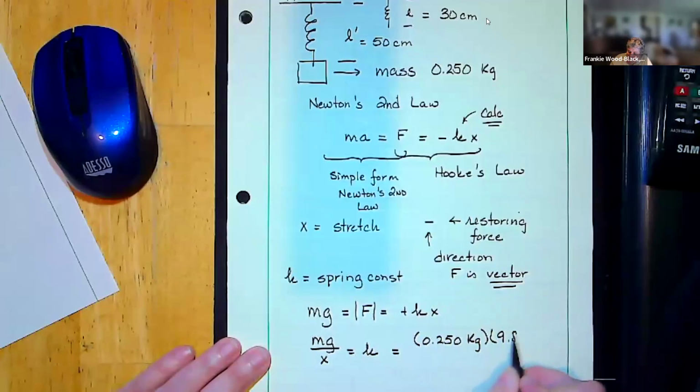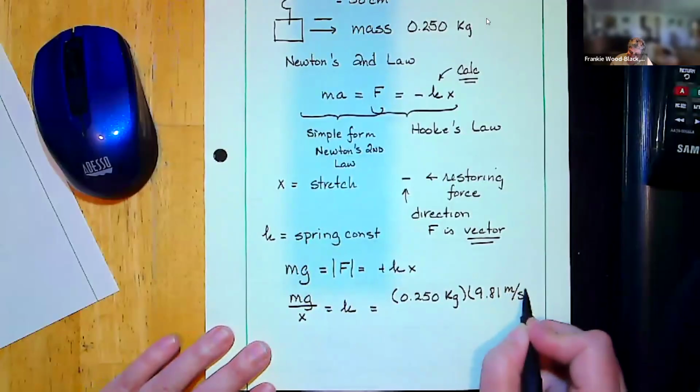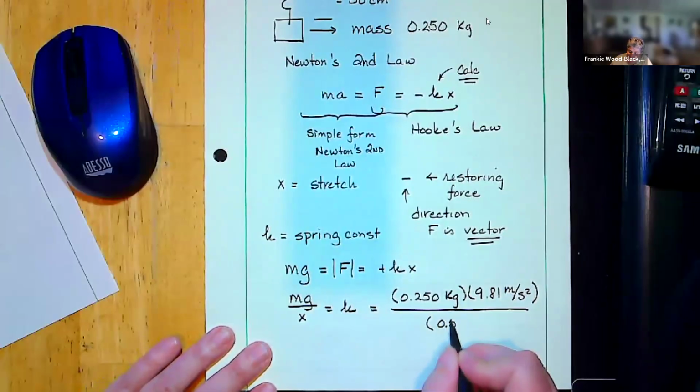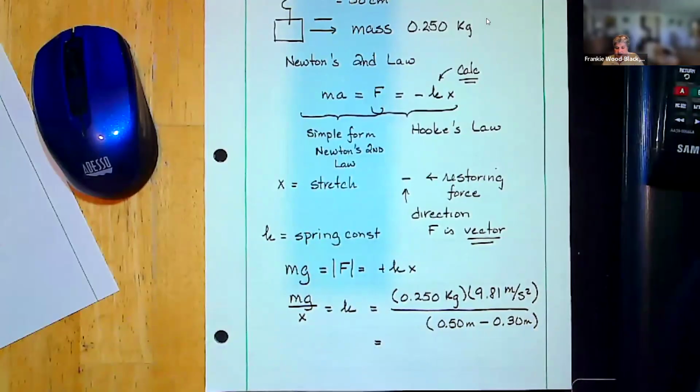Gravity is 9.81 meters per second squared. And my stretch is 0.50 meters minus 0.30 meters. And we can plug that into the calculator.